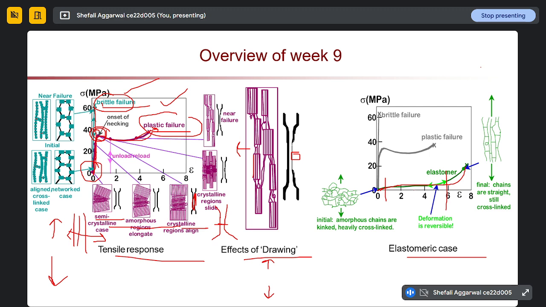So till one point, your deformation is reversible. That is called the elastic region. After that, deformation is not reversible. However, it is not a breakage point. Breakage point is when your fibers start breaking from any point. At that point, you will have a failure. So that is the case for elastomeric materials.